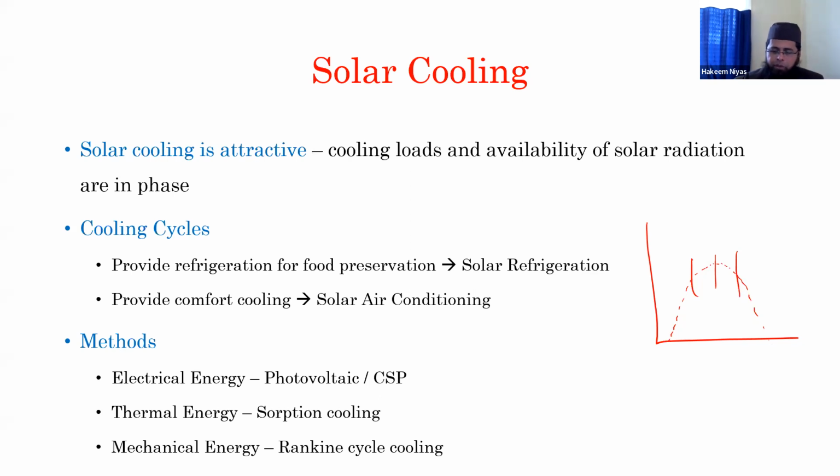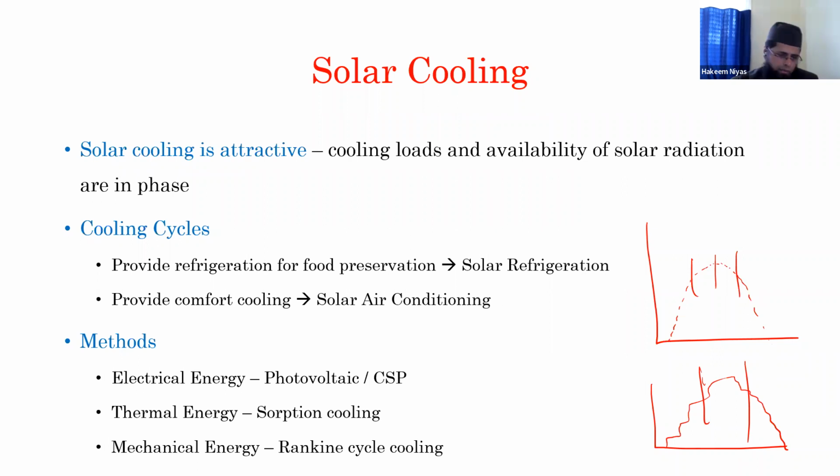At the same time, the cooling demand is also high. If we see a cooling demand curve, it will come like this. The demand for air conditioning is high in the same period, and at the same time we have solar energy available in plenty.